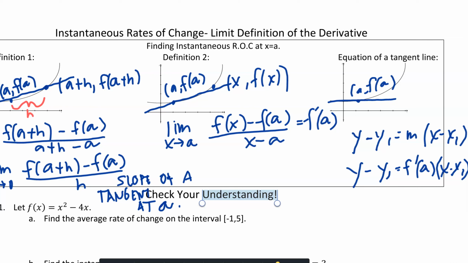And let's put it in terms of what we know. So this will be y minus the function evaluated at A, and then x minus that A. All right, so that is the definition, the limit definition of a derivative.